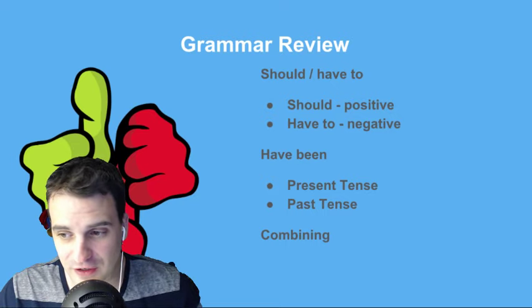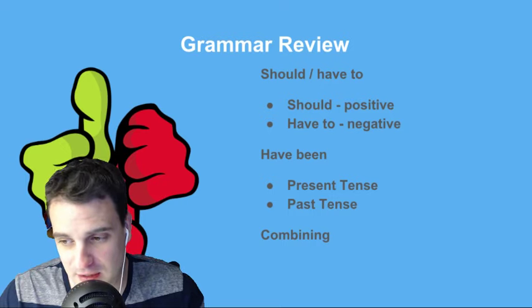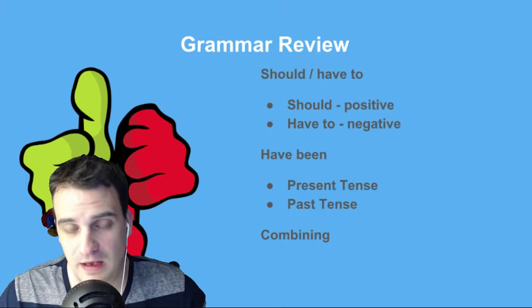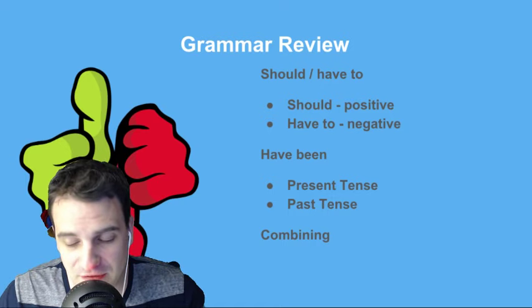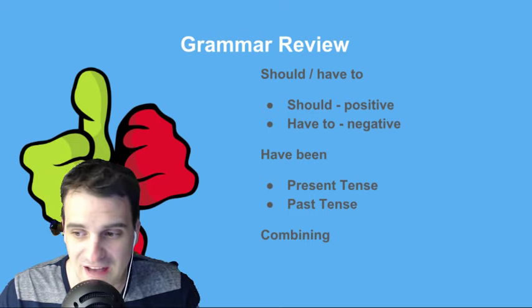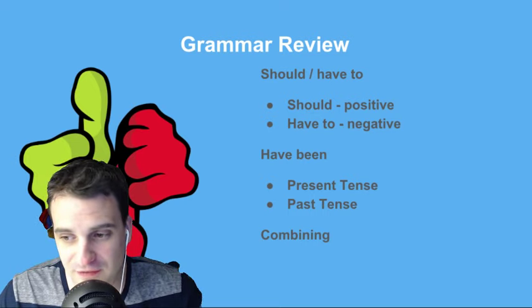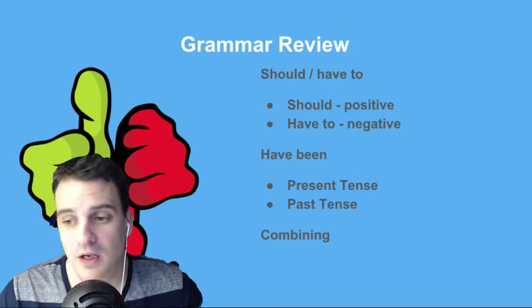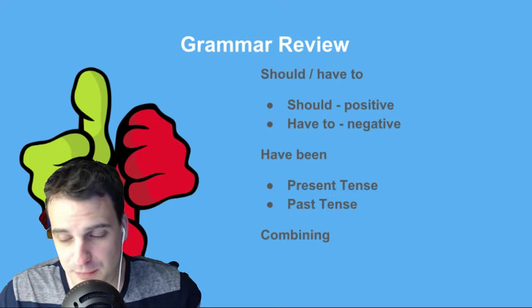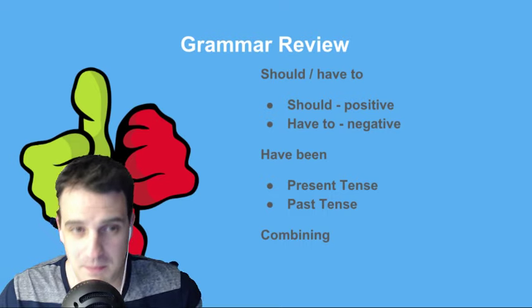It's a little bit different than have been eating, right? I have been eating healthy. The main verb is eating. It's not be. I have been to Spain. The main verb is be. So for experience, it's have and the past participle of the main verb.